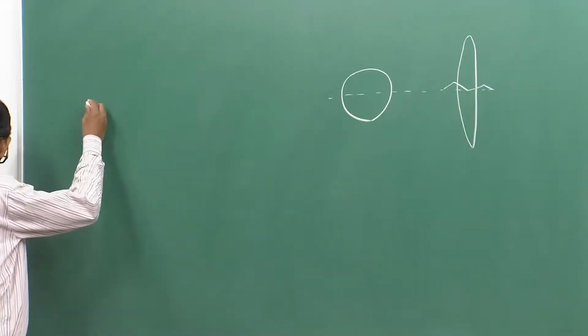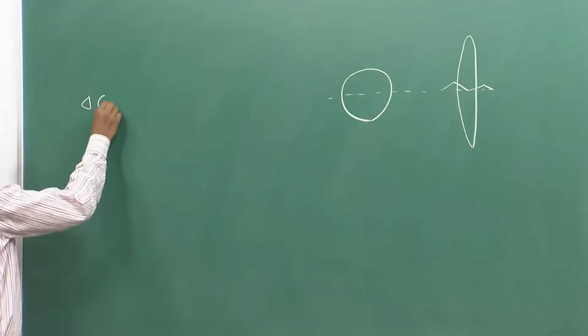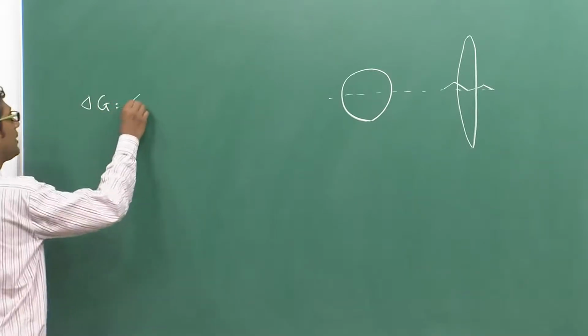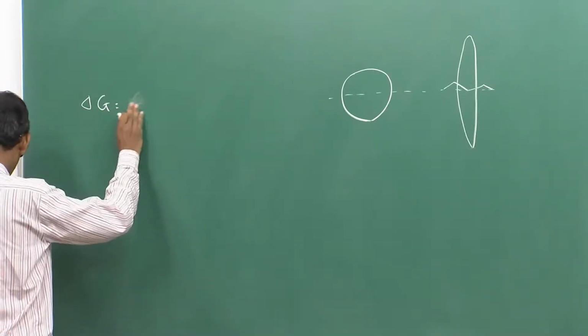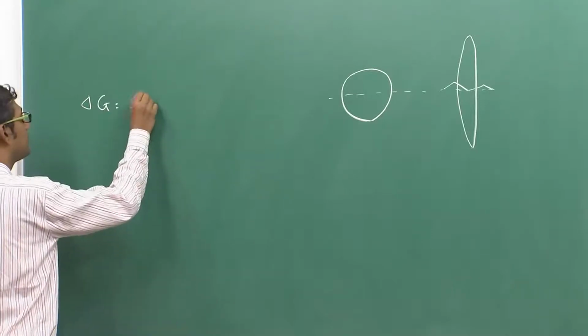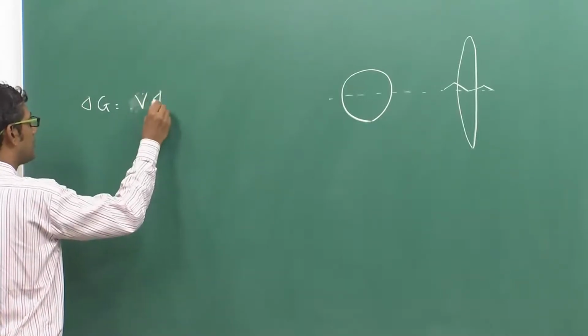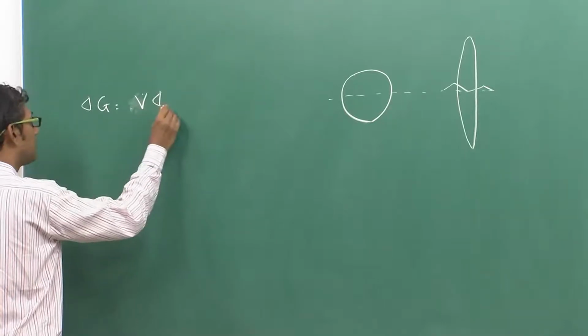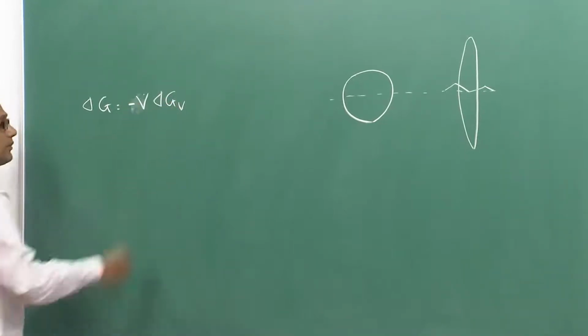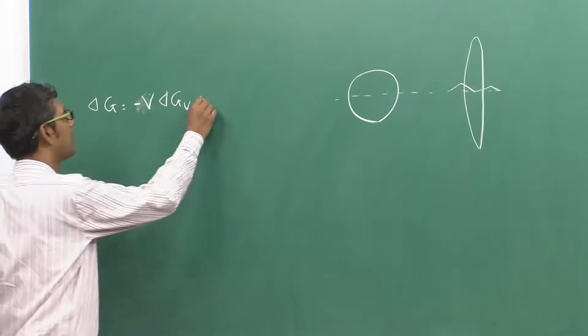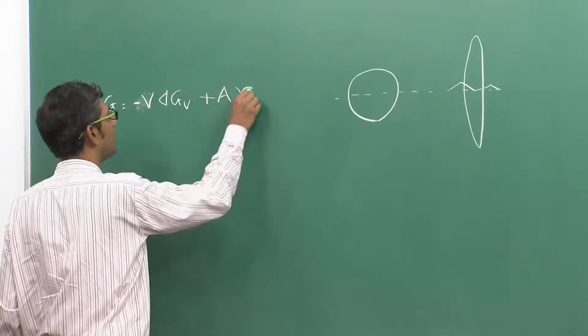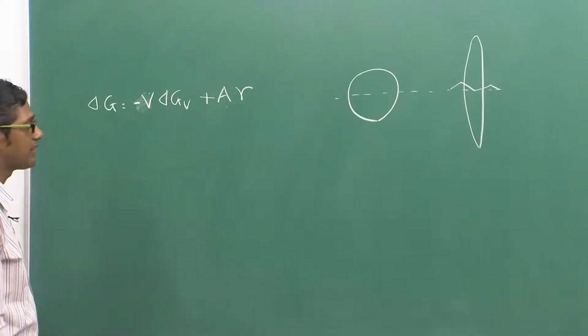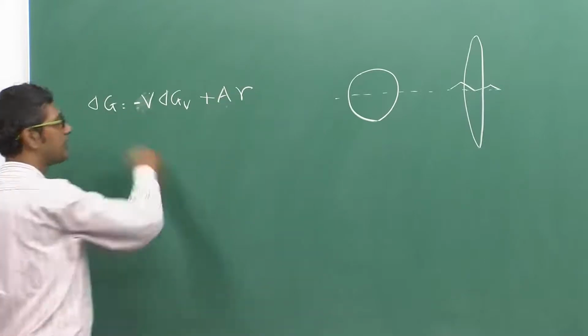So as you know, the total free energy difference of the system can be written like this: V GV, that's the chemical free energy part, plus A gamma. A is the area and gamma is the interfacial energy. That is all that is present in a nucleation process.